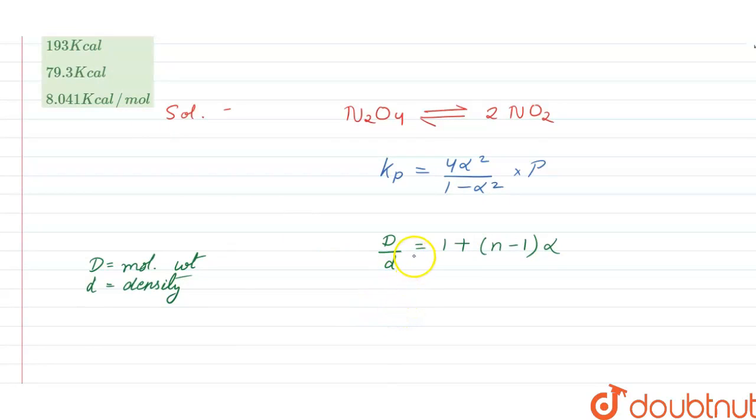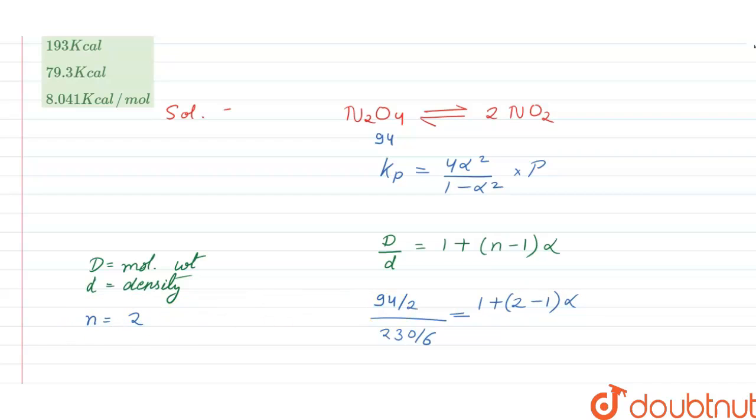For capital D, we can calculate the value of molecular mass. The molecular mass of N2O4 comes out to be 94 here. So we can put it like this: 94 divided by 2, then divided by 230 by 6, that is the density given in our question, equals 1 plus (2 minus 1) whole alpha, because n, the number of moles, is 2 here.